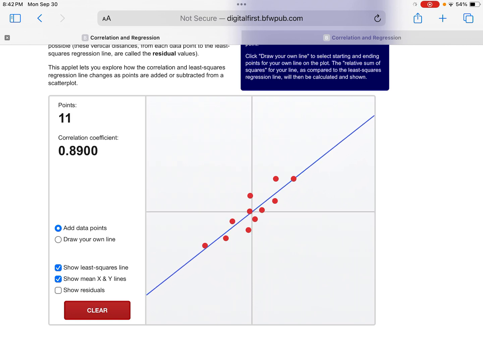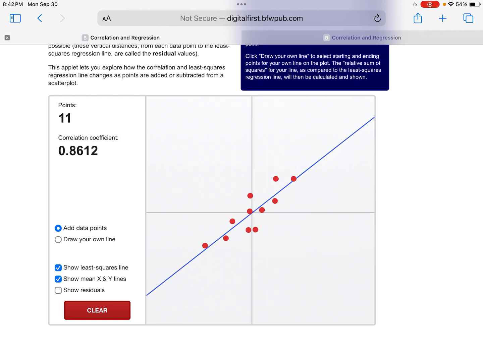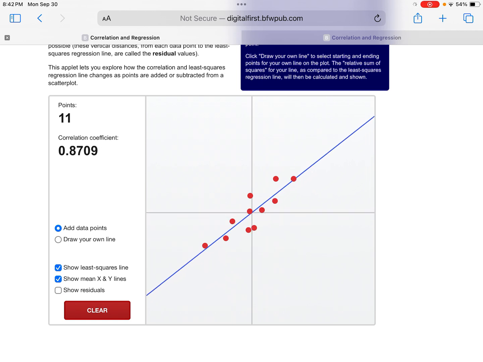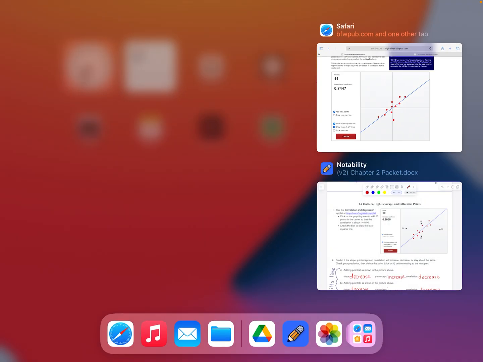I mean, the line is sort of shifting downwards, but it seems like the slope is staying about the same. We could probably say the y-intercept is decreasing, but the slope is staying about the same. Now, the correlation coefficient is changing. The correlation coefficient is decreasing.